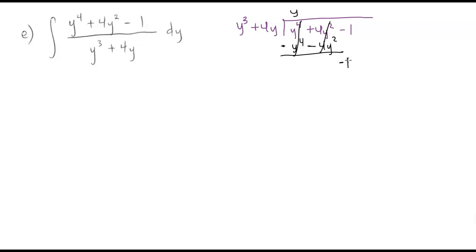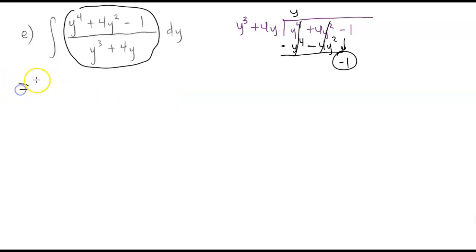And so when we bring this down, because we know that y cubed times what gives us -1 will actually be something that's not a polynomial, we can stop. Okay? So this was pretty simple here. So therefore, we now can rewrite our integrand that we have here essentially as the following.